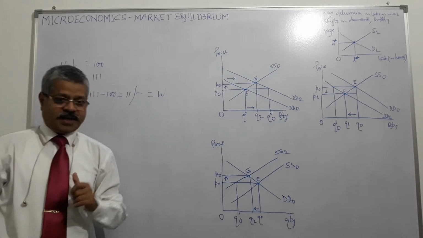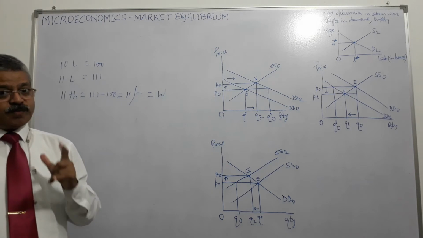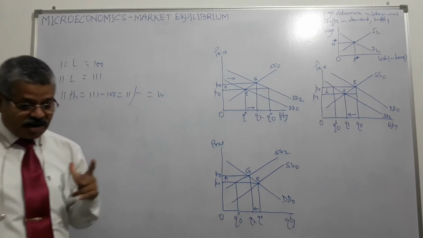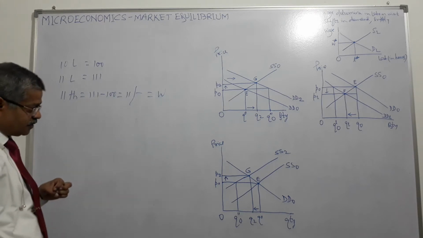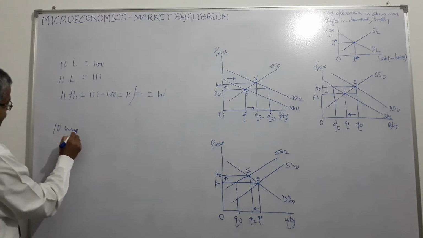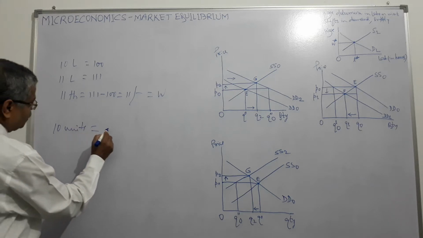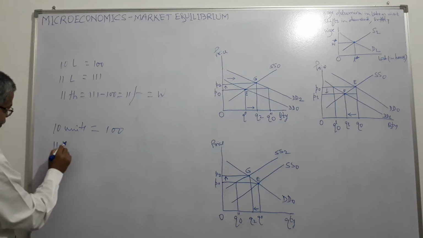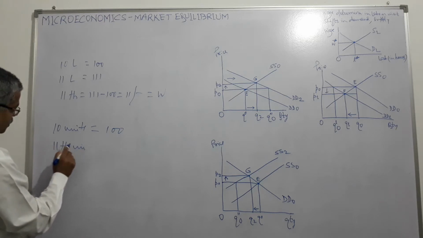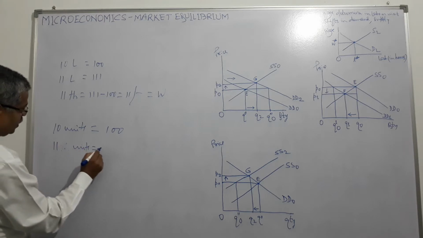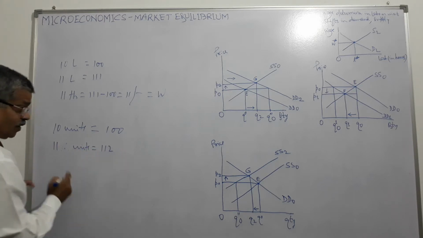Third, extra output produced by one more unit of labor is its marginal product, right? Suppose I am producing 10 units and total cost is 100. Then I produce 11 units, right? And my total cost becomes 112.